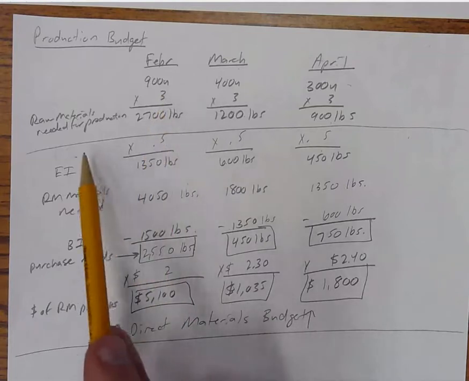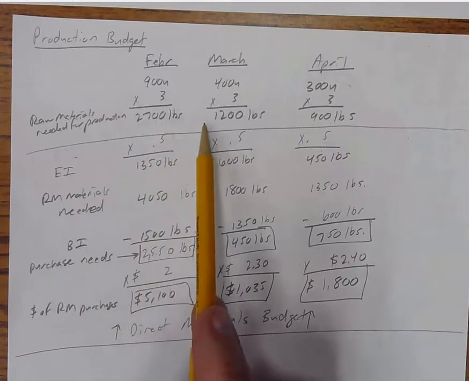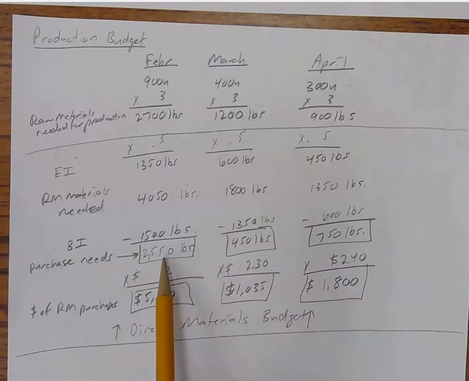Let's see, I put the line in the wrong place. Looks like this line should have gone up a little bit higher, but we started here with our raw materials, and we finished up with totals for needs in both pounds and also raw materials. So you are welcome to watch that video.